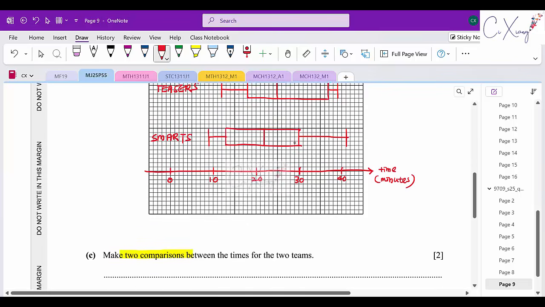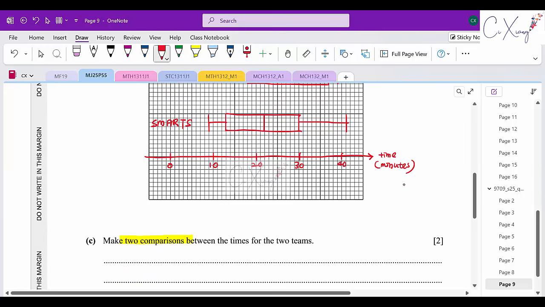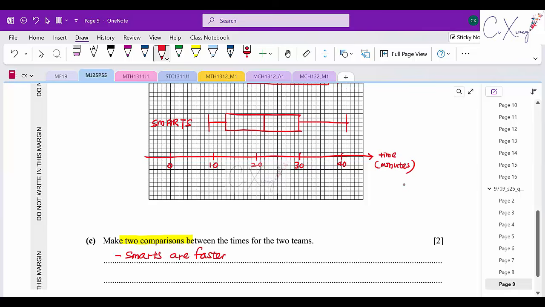First of all, let's have a look at the box and whisker plot. Which one do you think that generally the time is shorter? So I think the Smarts team will be having the shorter time because you can see the majority of the box, right, is on the left hand side compared with this one. Okay, so the very first comment that we can make is the Smarts team are faster. So faster means that you're looking at the overall graph, right?